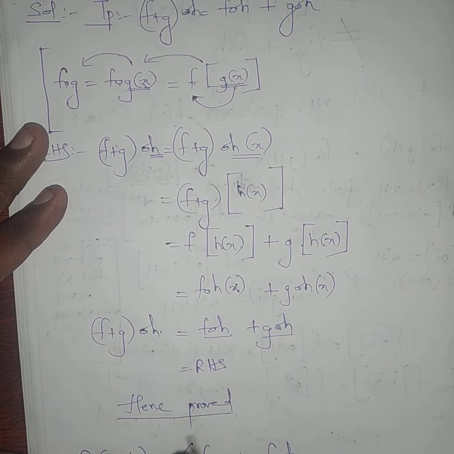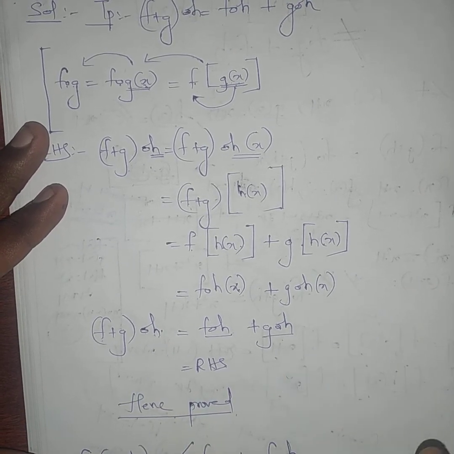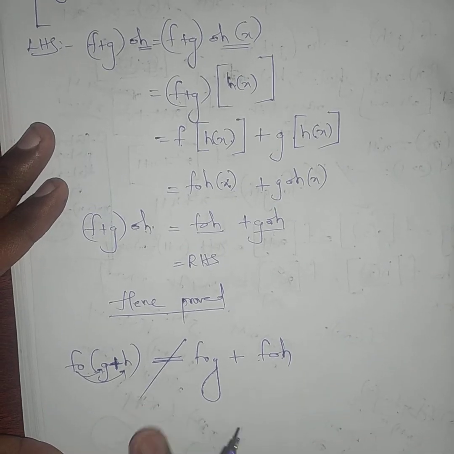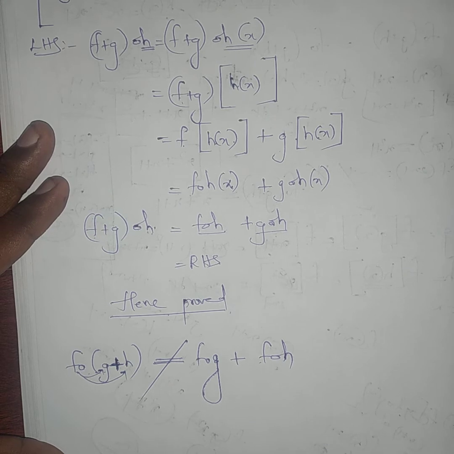Why is it not equal? I need to give some justification. Although f composite h plus g composite h is satisfied, this is not satisfied. I am going to justify this answer by giving a simple example.